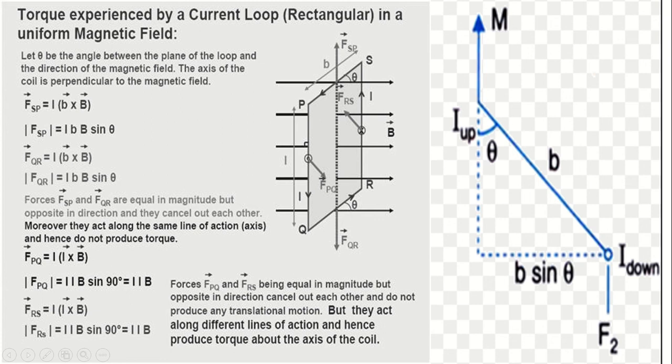You know we calculate torque by multiplying force by the perpendicular distance between the forces acting. But here we cannot take this distance as the perpendicular distance; rather, the perpendicular distance will be b sine theta.